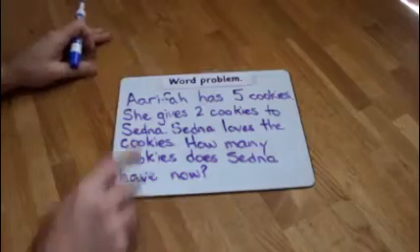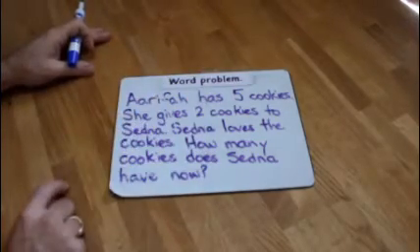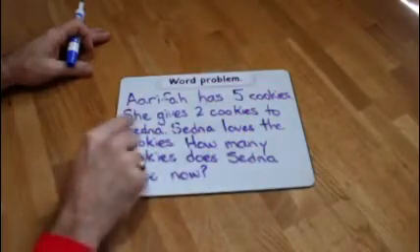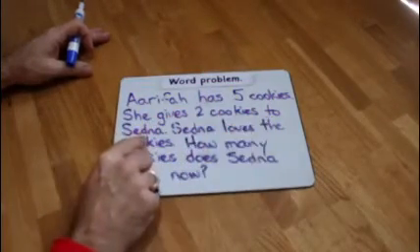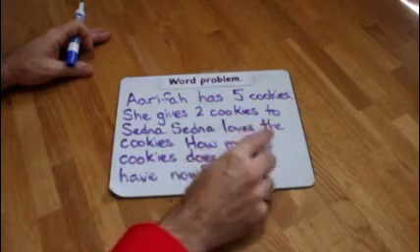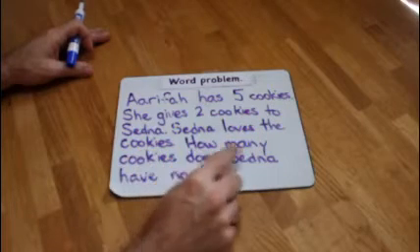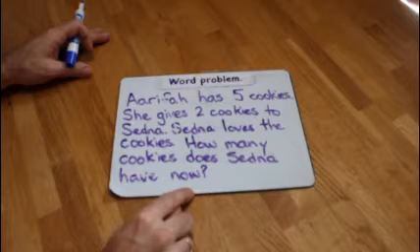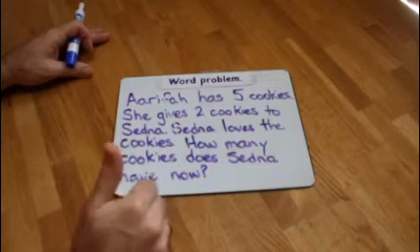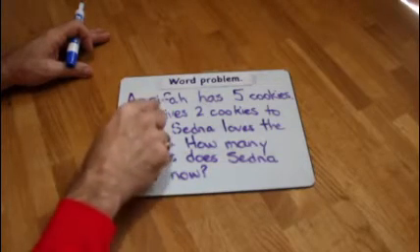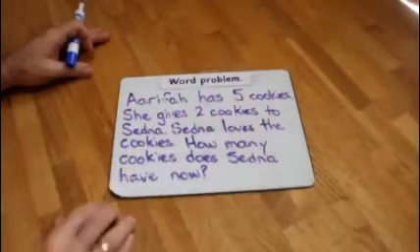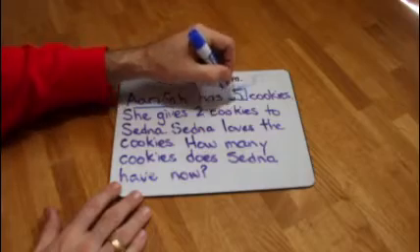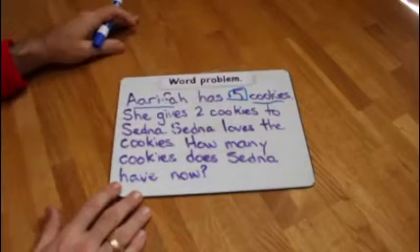And now it's time for our word problem. Here we go. Arifa has 5 cookies. She gives 2 cookies to Sedna. Sedna loves the cookies. How many cookies does Sedna have now? We're going to read it again. Okay. Arifa has 5 cookies. What's important? Arifa has 5 cookies.